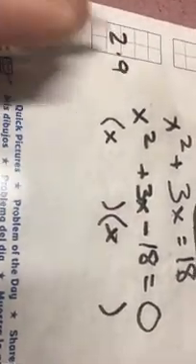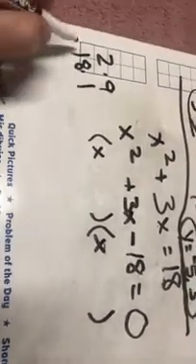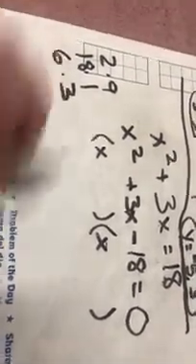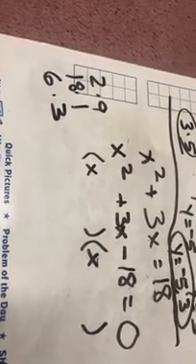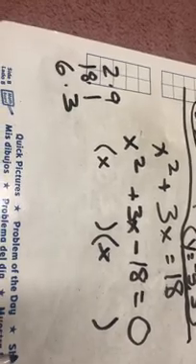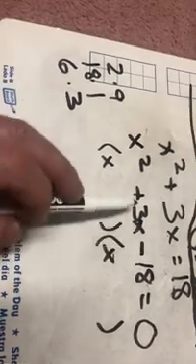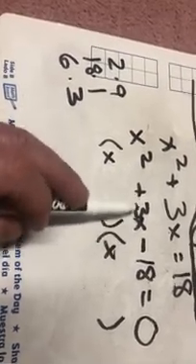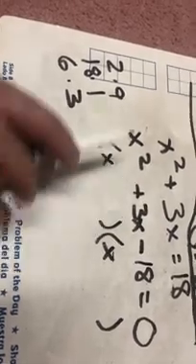Could be 2 times 9, could be 18 times 1, could be 6 times 3. And as far as whole numbers, I am not thinking of any more combinations of numbers multiplied together that equal 18. So I'm thinking, okay, now which of these gives me 3? Which of these is going to be 3 apart, where I can do the adding and subtracting and get 3?